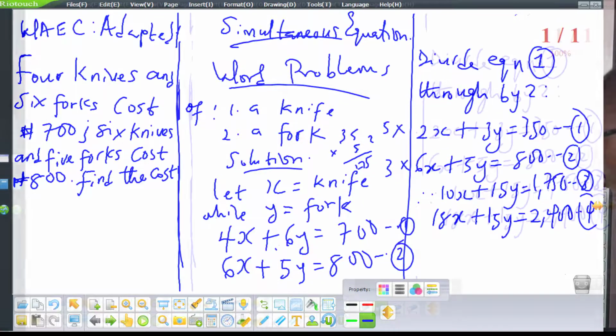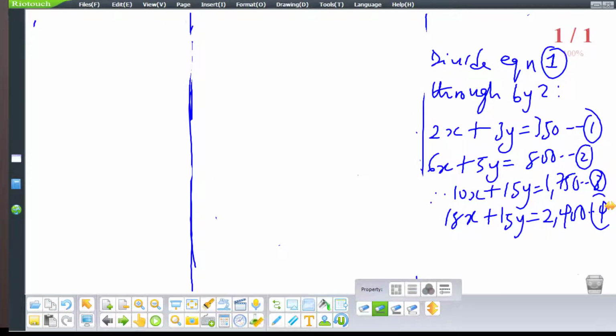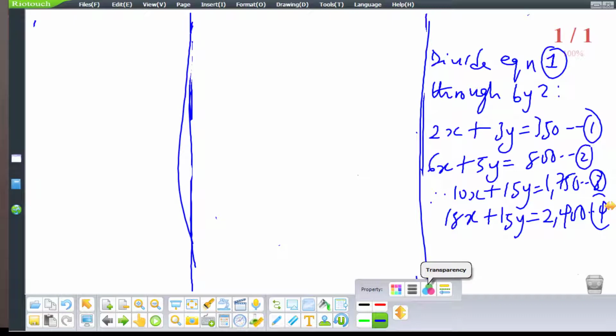So we move further by saying subtract. Which one do we subtract? The figures that make up equation 4 are larger than those in equation 3. So let's subtract equation 3 from equation 4. So we say equation 4 minus equation 3.